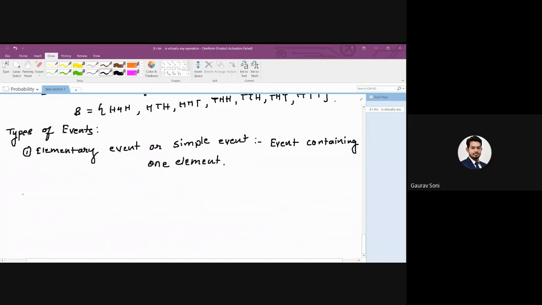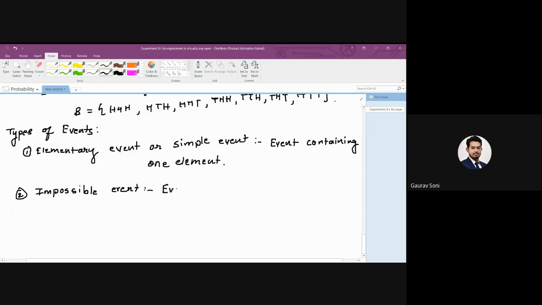Second, impossible event. Yes, I said that many of them are going to be self-explanatory. The probability of occurrence of the event is 0. We haven't even defined probability yet. There are no possible outcomes: the event corresponding to the empty set.